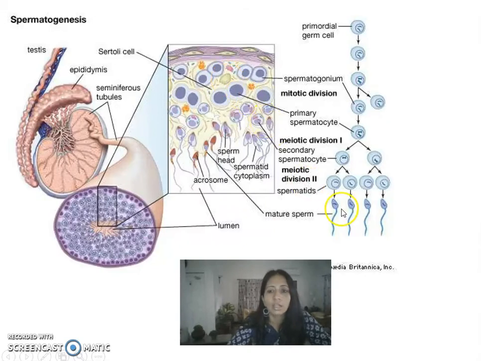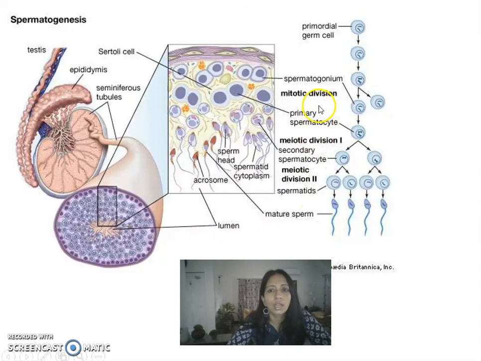These sperms embed their head into the Sertoli cells, the yellow colored cells you are seeing in between the spermatogonia, and they get nourishment from them. After acquiring nourishment they are released into the seminiferous tubules. This process of releasing sperm is known as spermiation.